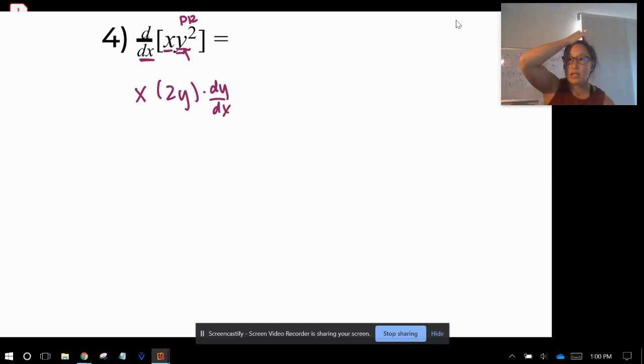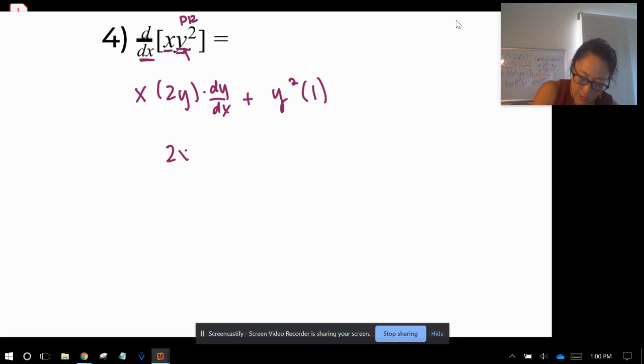So making sure we take the derivative in terms of x, plus right, which is y squared, times the derivative of the left. The derivative of x is 1. To simplify, I can just write 2xy dy dx plus y squared.